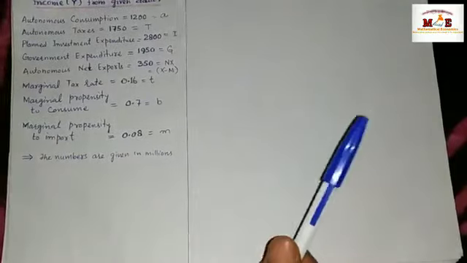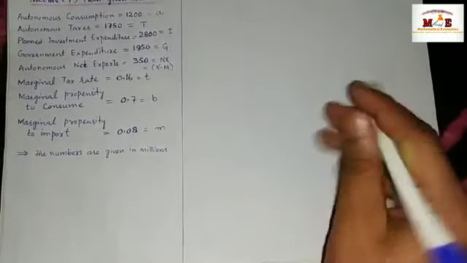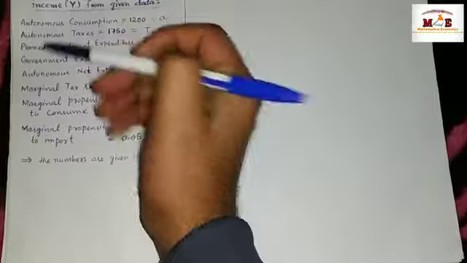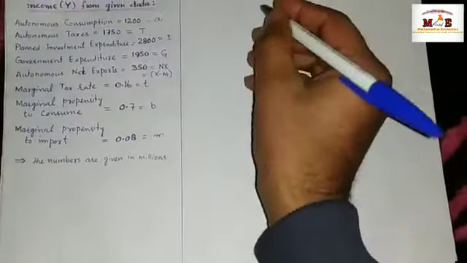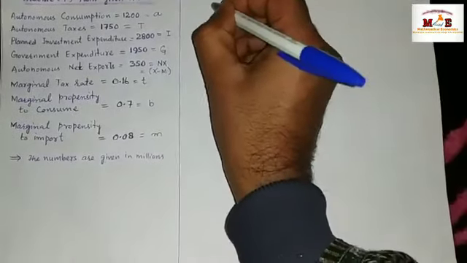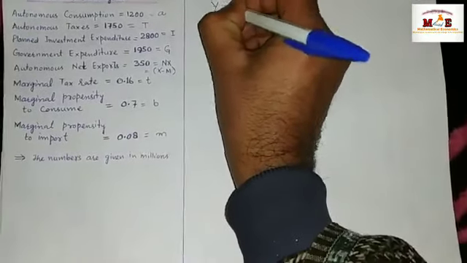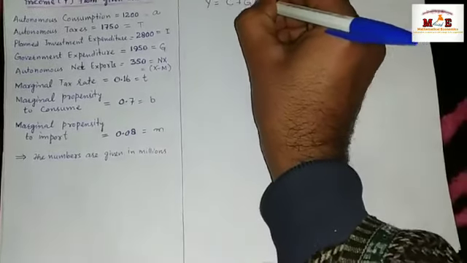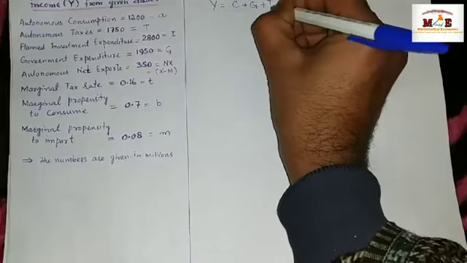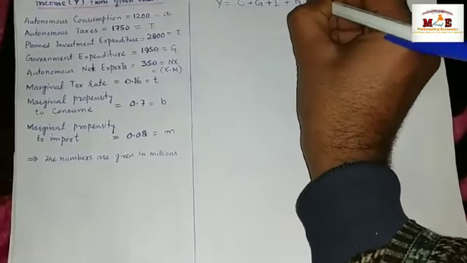Now to calculate the equilibrium level of national income, that is Y, we will write the national income identity, which is Y equals C plus G plus I plus NX.